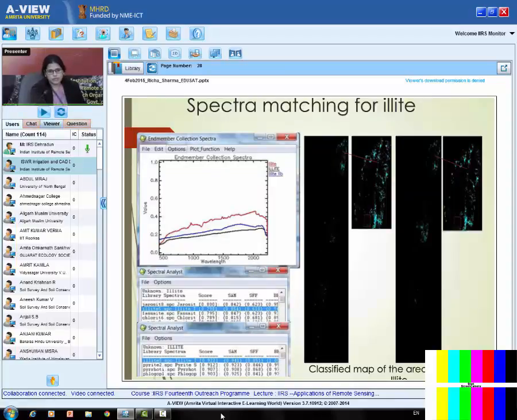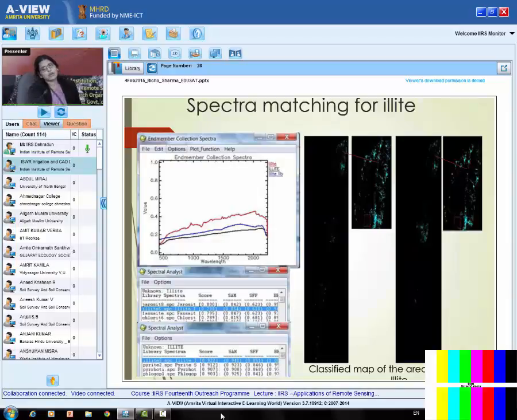Say for example, we have selected pixels and generated the spectra of those pixels. The red line is the spectrum we have generated from the image. Then there is a black line. This spectrum has been generated from the library as well as the field.